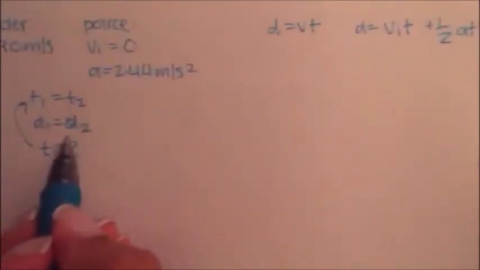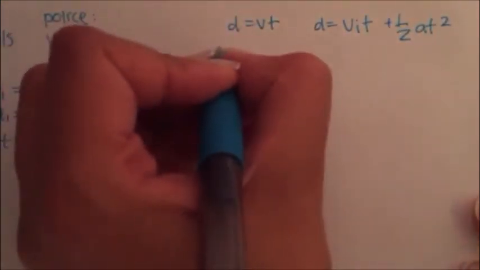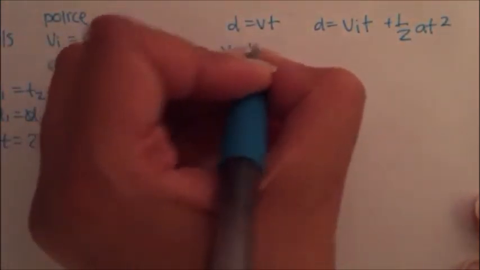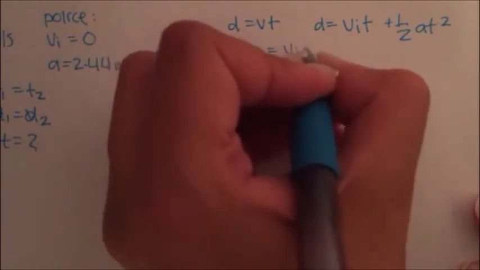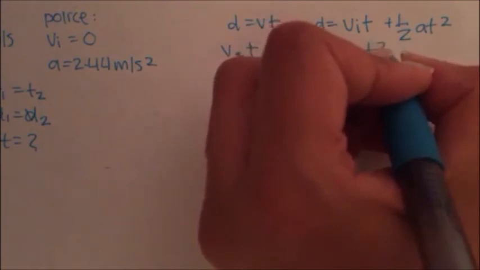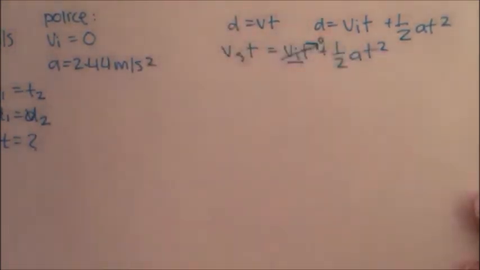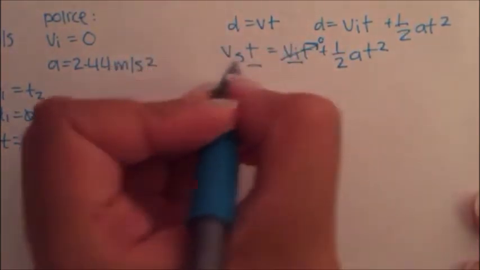We established that our distances are the same, so we can set both of these equal to each other. So the velocity of the speeder times time equals the initial velocity of the police plus 1/2 the acceleration of the police times time squared. We know that this initial velocity is 0, so we can just cross that out. And now I have to solve for the time.